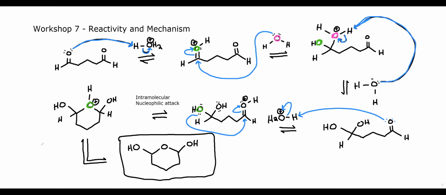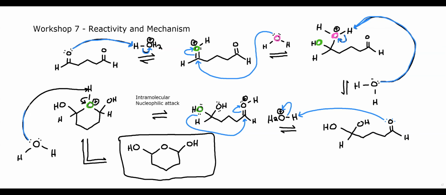Okay, let's draw H2O here. And let's draw a proton transfer to get rid of this hydrogen here. So we'll grab the hydrogen using one of the lone pairs on water, and we will leave behind the lone pairs.